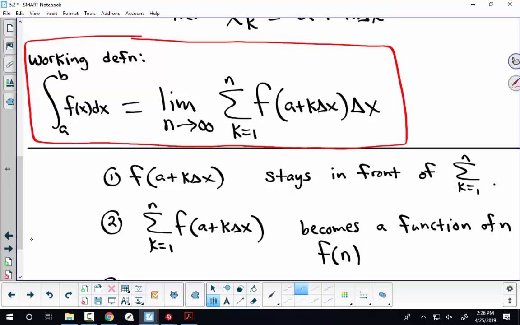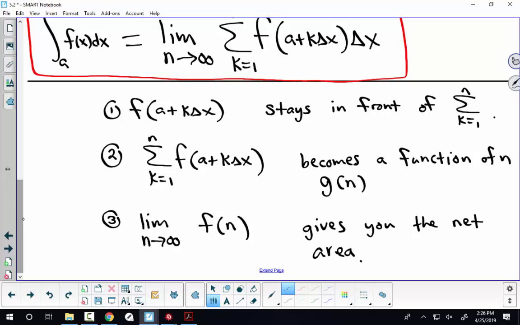Once we compute that in step 2 by the formula, the sum of f of a plus k delta x turns into some expression involving n. And just so we're not confused here, let's call that g of n. It's not the same as the original function g; it's some new function of n, and then the limit is the last thing that's computed. And once we compute that, that's going to give us the net area.